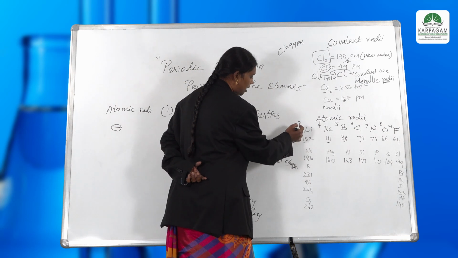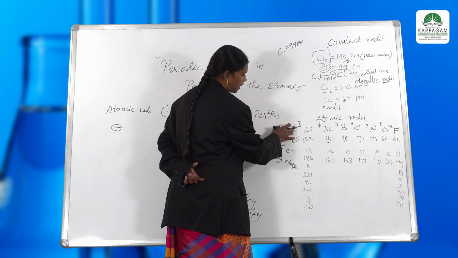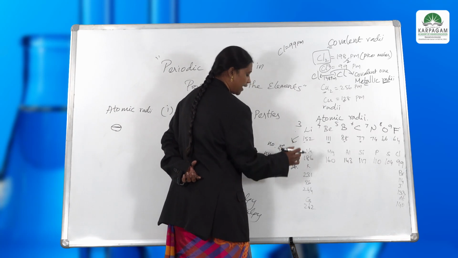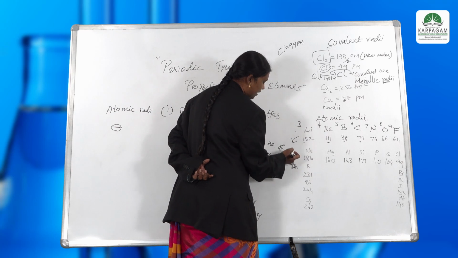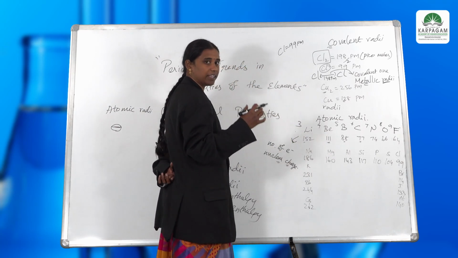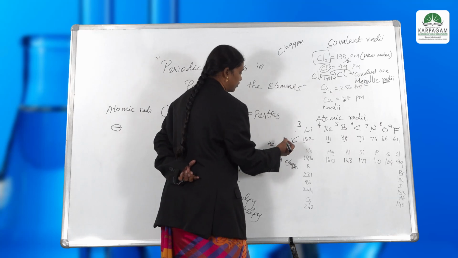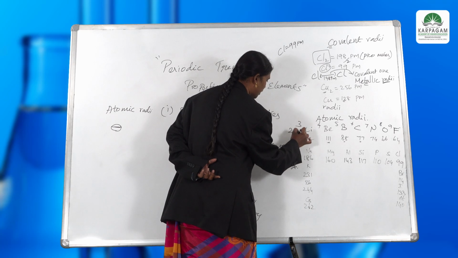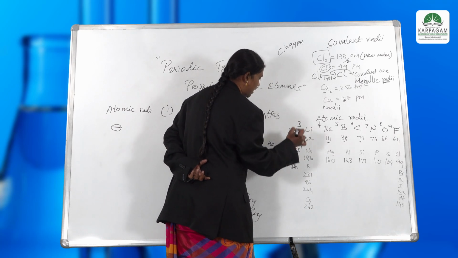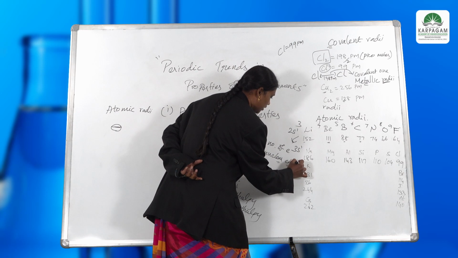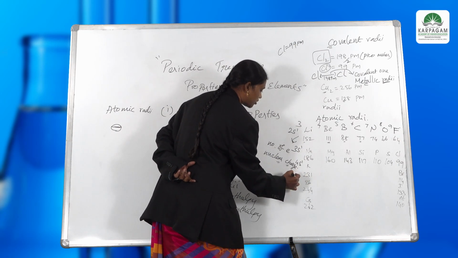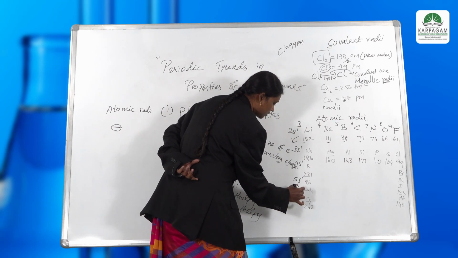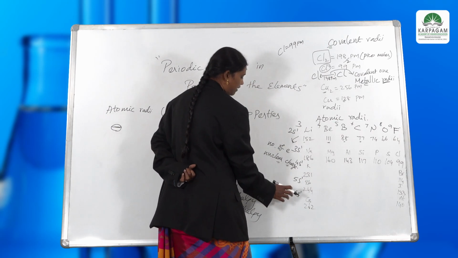Coming to the group, from top, lithium to cesium, the atomic radii should increase because of the energy levels and the number of electrons filled in the different elements. Already we said that lithium has a 2s1 valence electron, sodium has 3s1, potassium has 4s1, rubidium has 5s1 and cesium has 6s1 valence shell.